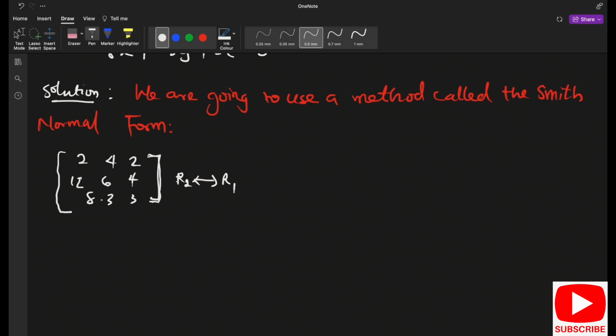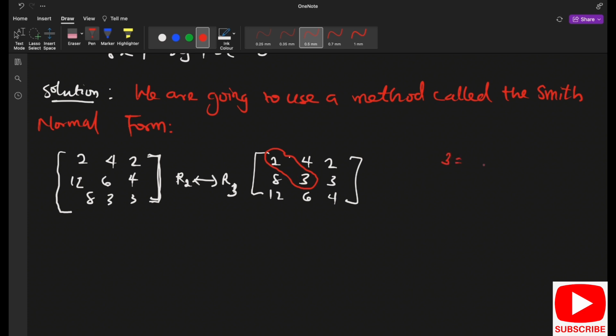So I exchange this row. Now I have 2, 4, 2, and 8, 3, 3, and 12, 6, and 4. If you look at this diagonal now, 2 and 3, if you divide this, it's like saying 3 equals 1 times 2 plus 1, and 2 equals 2 times 1 plus 0.